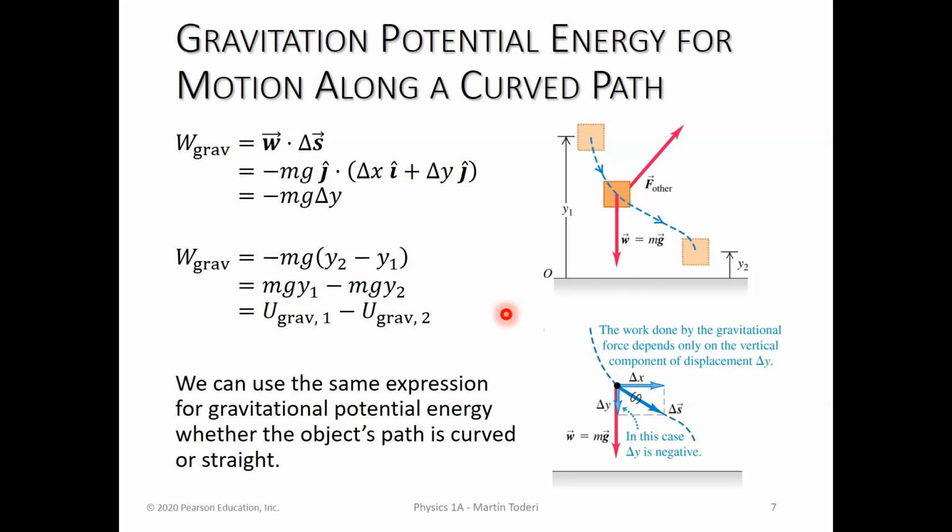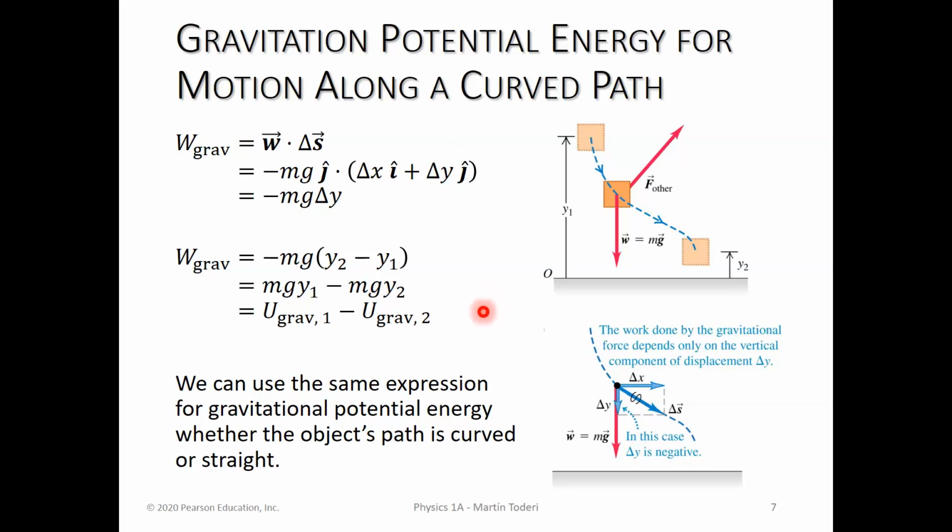So we've just defined this whole thing for a straight line, and we will see that if we apply the same reasoning to a curved trajectory, a curved path, then we will arrive at the same expression, and the result won't change at all.